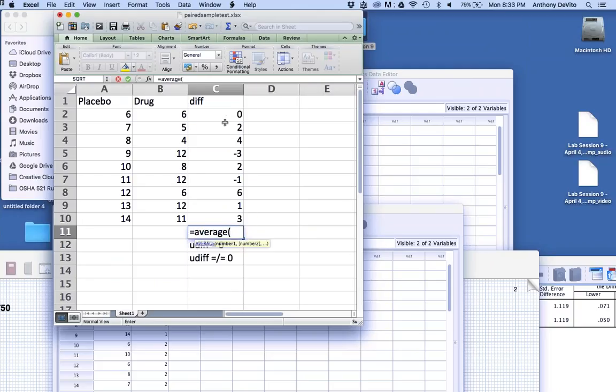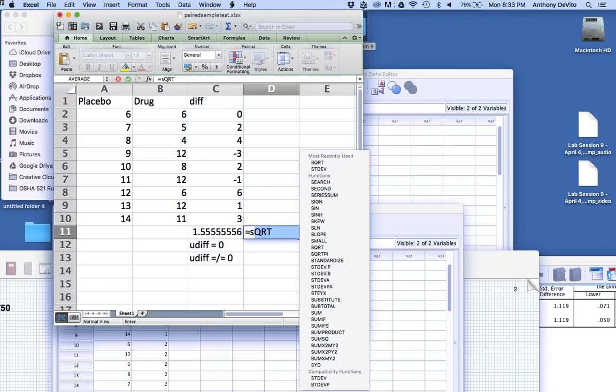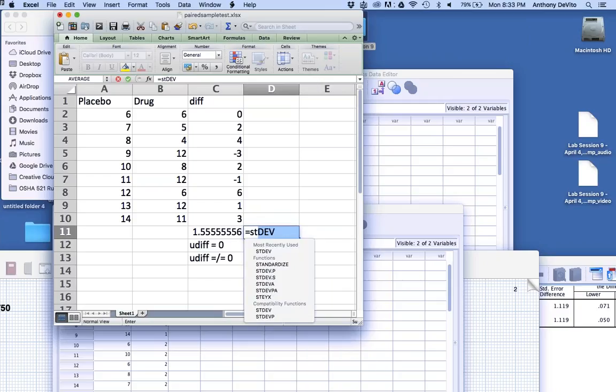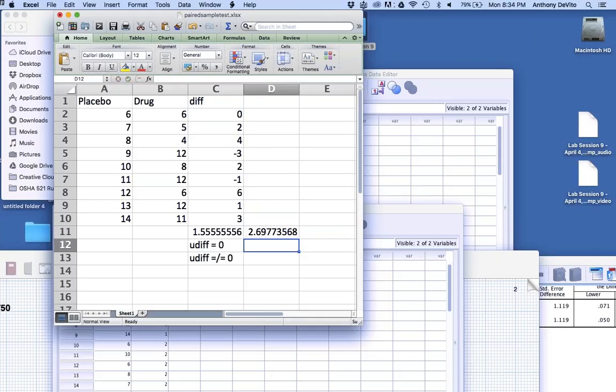Here's the mean of the differences, and the standard deviation of the differences is equal to this. Now we can calculate the standard error and so on and so forth. It's basically like doing a one sample t-test, except the mean you're comparing it to is 0.